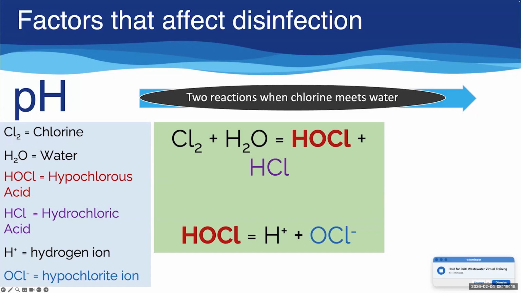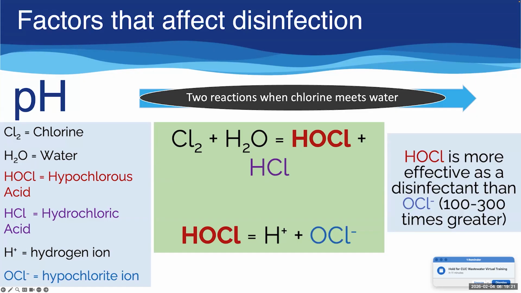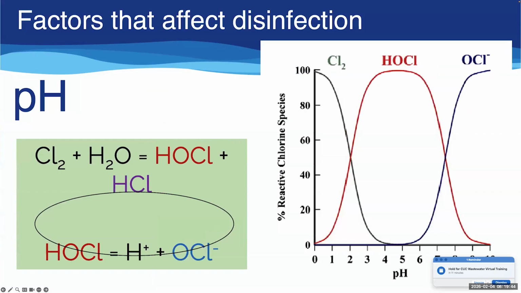They'll both disinfect, but the hypochlorous acid, the HOCl, that's what we're going for, because it's anywhere from 100 to 300 times more effective than the hypochlorite ions. And what's going on with the pH is really, really important, because how much of each of these compounds you get is highly dependent on the pH of the water that you're working in.